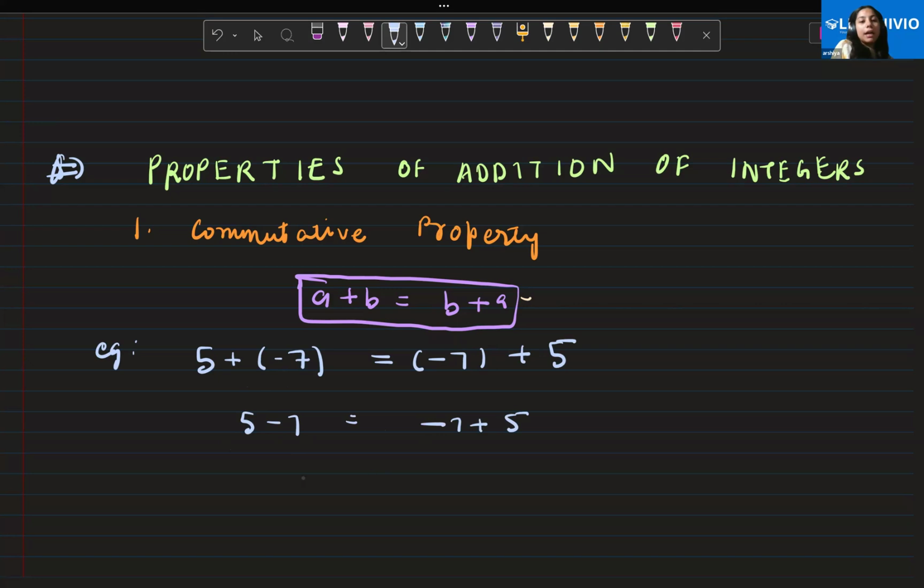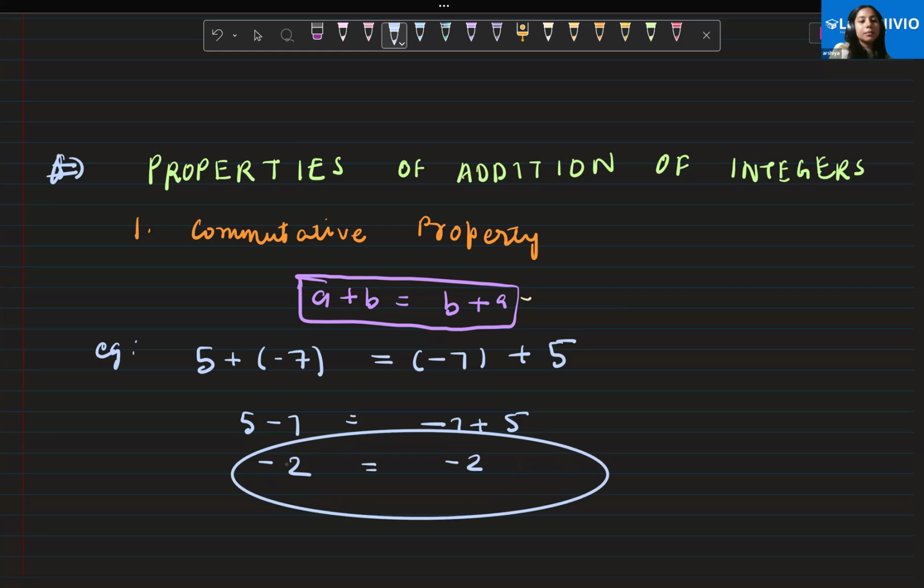So 7 minus 5, how much is that? 2. But because 7 is greater, the answer will be negative 2. Whereas for this one, we have opposite signs, so subtraction will happen. 7 minus 5 will be 2 and the answer will be negative 2. Is it clear?